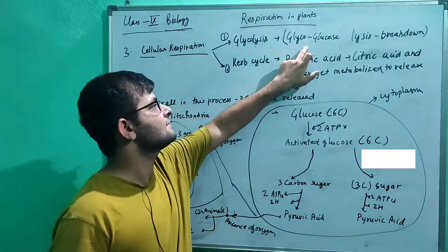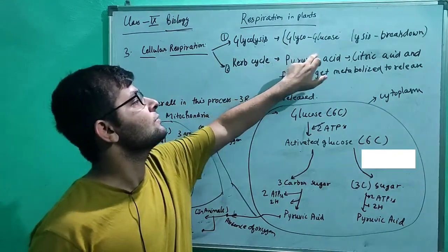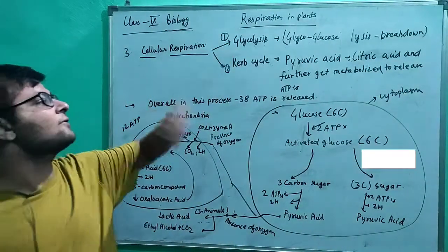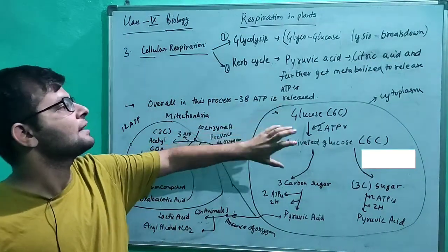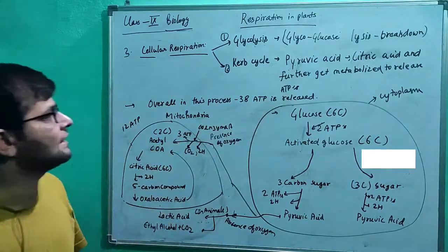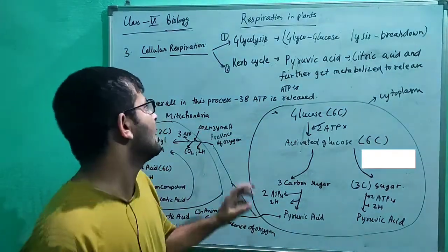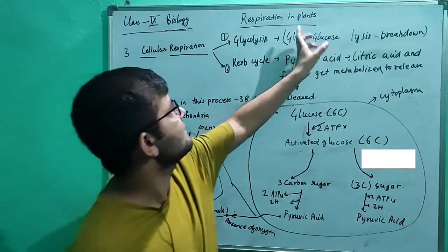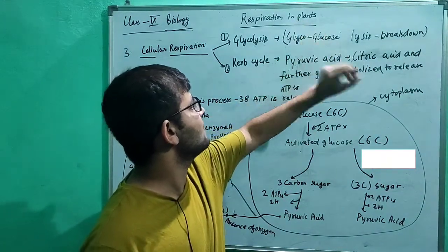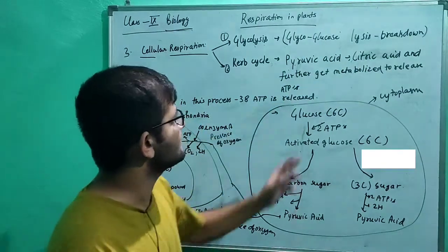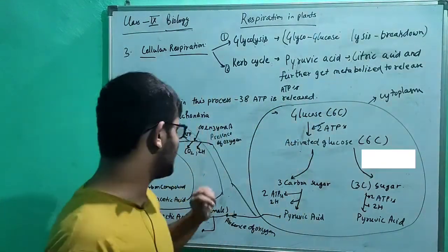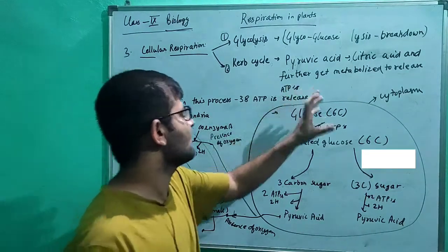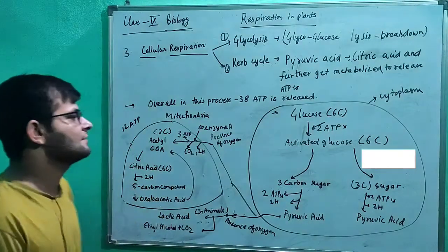In glycolysis, glyco stands for glucose and lysis stands for breakdown. So in the process of glycolysis there will be breakdown of glucose into smaller molecules, and in the Krebs cycle the pyruvic acid, the product that we get from glycolysis, gets converted into citric acid or will get converted into lactic acid, ethyl alcohol or carbon dioxide, and will continue the process.